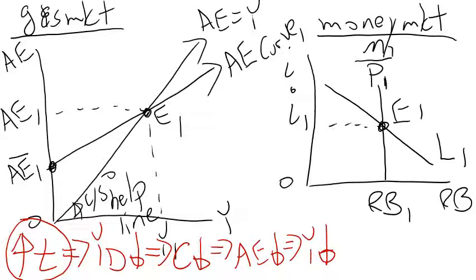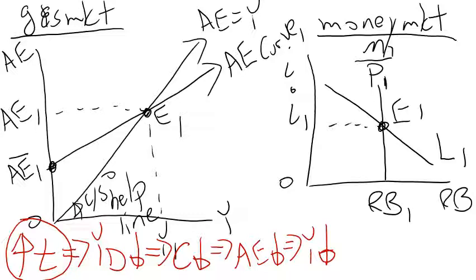Now let's see how this would change graphically, the goods and services market. Would it be a parallel or a non-parallel shift of the AE curve?